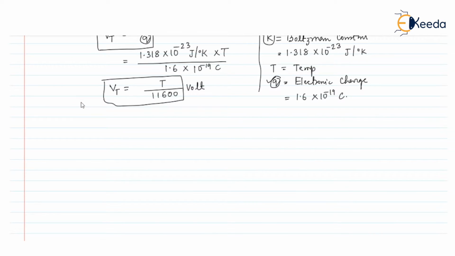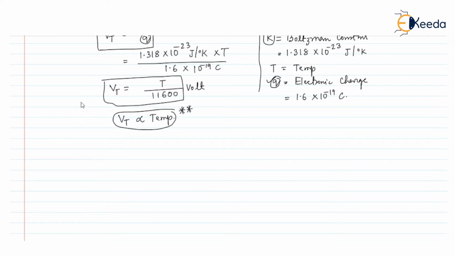So we can see here that the thermal voltage VT is proportional to the temperature, which is very important with respect to the GATE examination: the thermal voltage, or the volt equivalent of temperature, is proportional to the temperature.